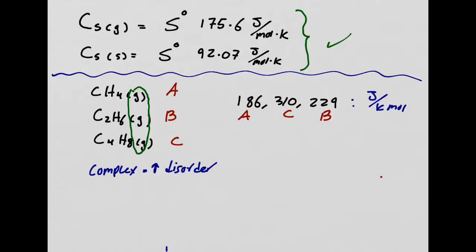Now remember, I talked about this before, but I want to mention it once more: when you're matching these, the lowest number is either going to go with the simplest one or the most complex one, so you only have a 50-50 option, which is a good option.